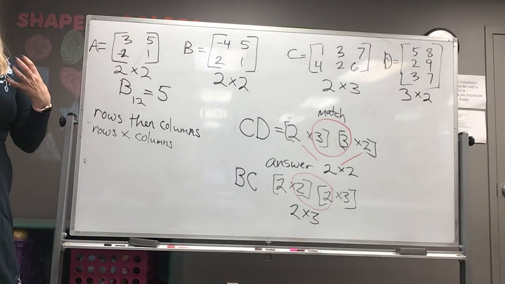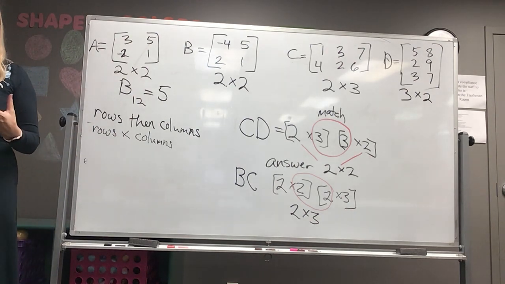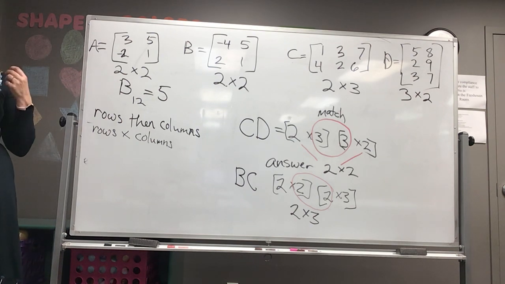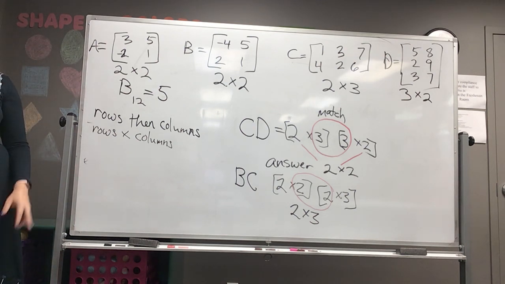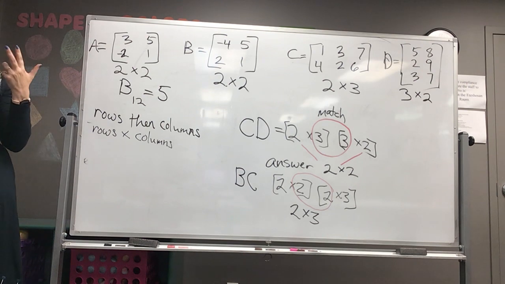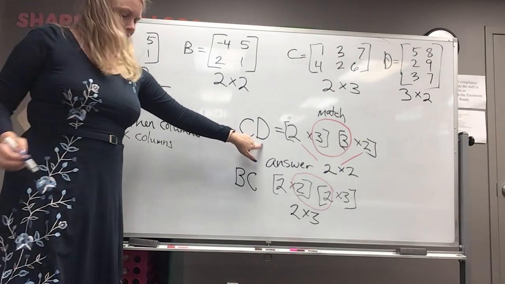One of the most fascinating things about matrices is that they are one of the few multiplication things where the order definitely matters. Everything else in multiplication is commutative. We can change the problem order and it doesn't change anything. With matrices, it really makes a difference. Here we had CD.